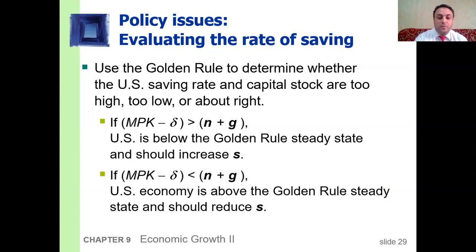But if the marginal product of capital minus the depreciation rate is less than the population growth rate plus the technological progress rate, then the United States economy is above the golden rule steady state and should reduce saving.